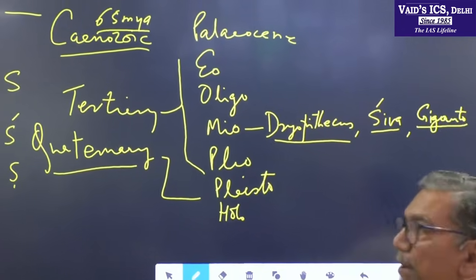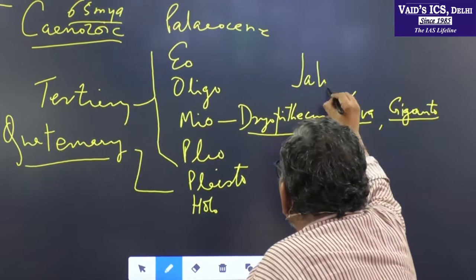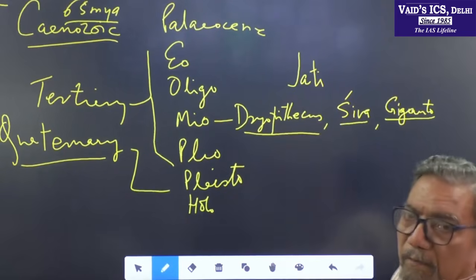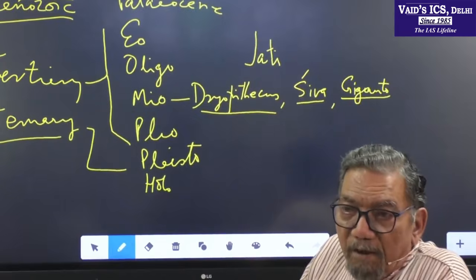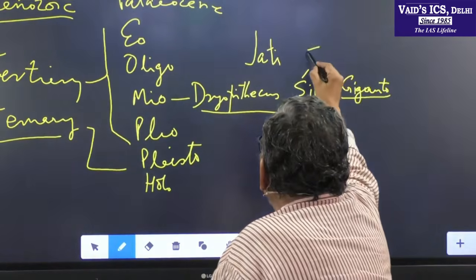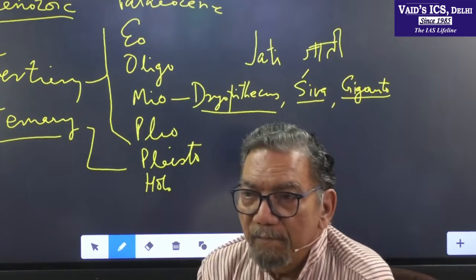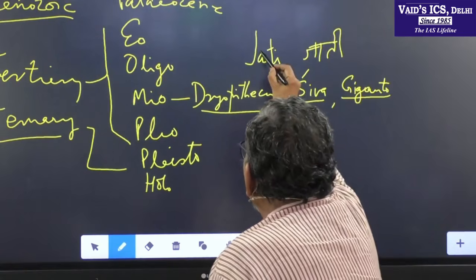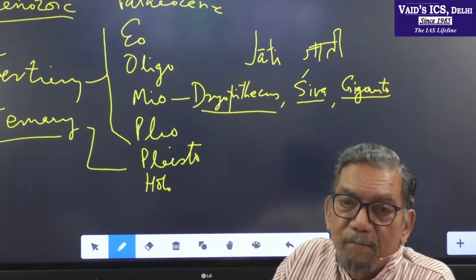Say for example, if I write this, what is this? It can be jati, it can be jati, and it can be that ati jati wali jati. So when you put a bar here, it is doubled, it becomes jati.